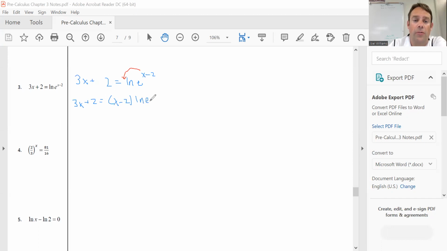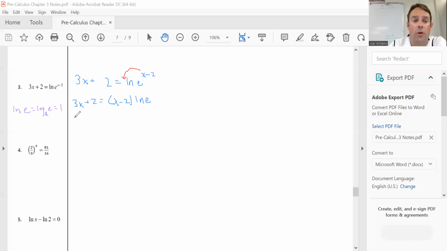Now we've been dealing with this for a couple of days now, so I'm hoping we're feeling pretty good about this, because in that we realize that the natural log of e is the same thing as log base e of e, and if the base and the number you're taking a log of are the same, we've said that that equals 1.